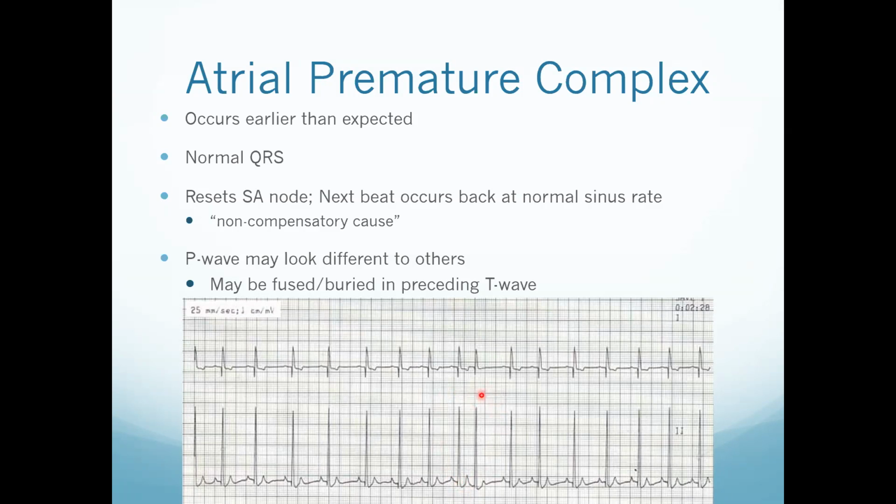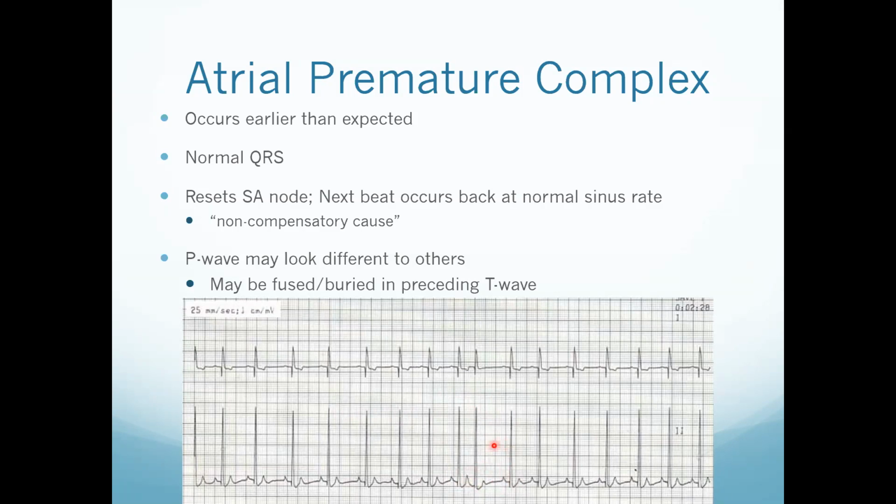And again, the other thing that tells you it's an APC and not a VPC is the non-compensatory pause. So if we look here, this R to R interval is the same as the other R to R intervals. Okay. So you've got this sudden change, and then the SA node has been reset so that it fires when it thinks the next beat should start.